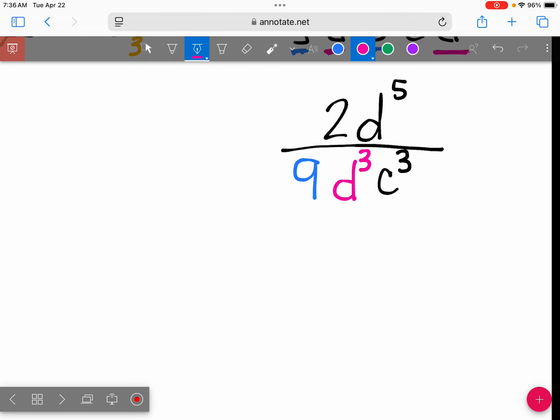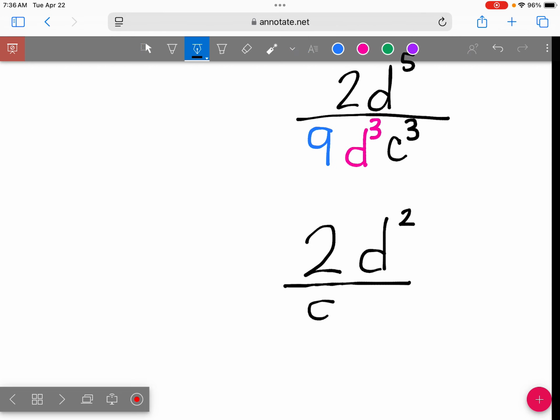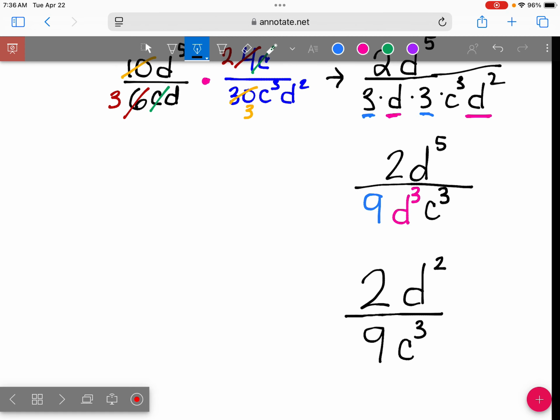If I have 5 d's in the numerator and 3 d's in the denominator, how many are we going to have left over when we cancel things out? 2. And where are they going to be, numerator or denominator? In the numerator. So we have 2 left over in the numerator, and then we have our 9c cubed in the denominator.